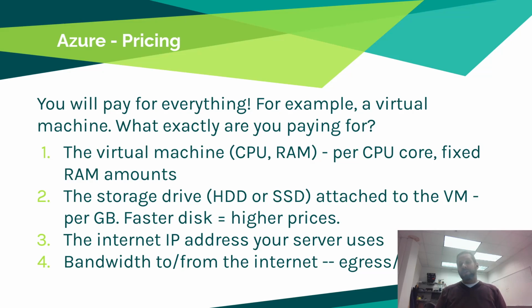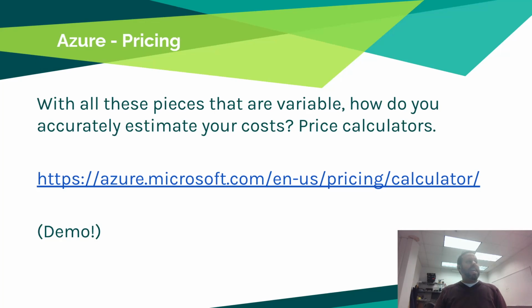And you're going to be paying for your bandwidth to and from the internet, the egress or the ingress, and that's what's behind my face right now, ingress. That cost you're going to be paying per gigabyte, and it's something like 10 cents a gigabyte of internet bandwidth in and out of the data centers here. So you end up paying for a lot. And some of these things are variable.